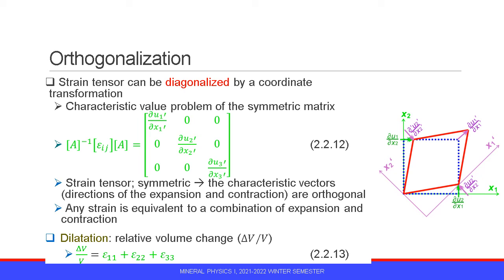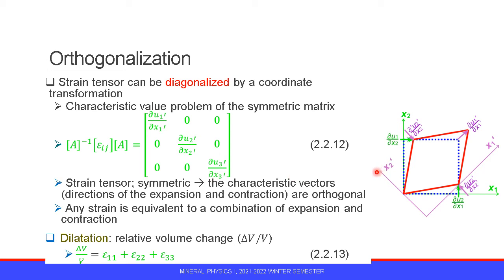By coordinate transformation, the strain tensor can be diagonalized. Namely, by finding an appropriate transformation matrix A, the strain tensor matrix epsilon ij can be written as a diagonal matrix.